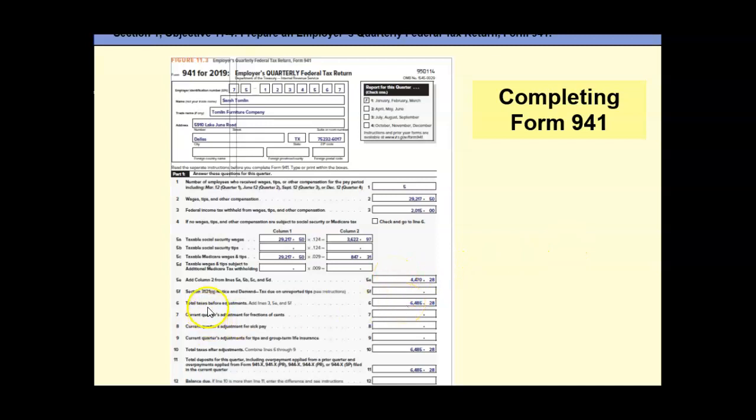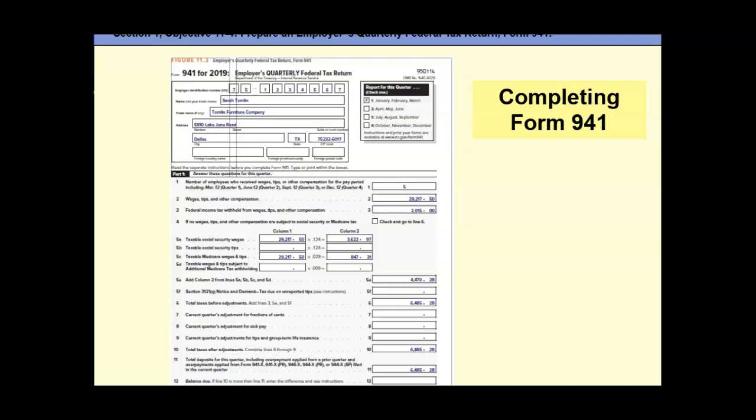Box 6 shows the total tax before the adjustments. So now we're adding the federal income tax withheld from the employee's earnings, as well as the amount owed for Social Security tax and Medicare tax. The total amount owed is $6,485.28.